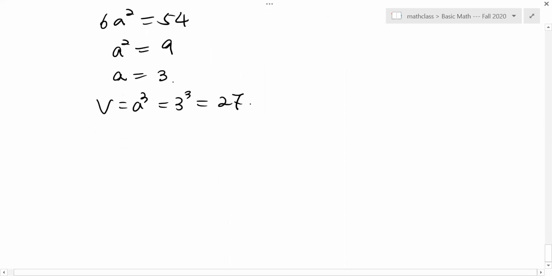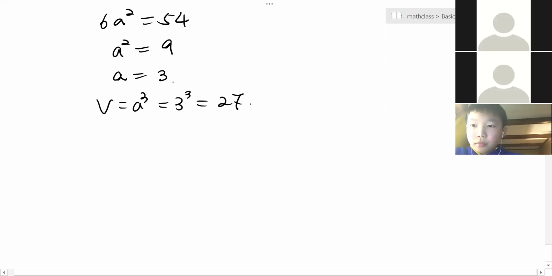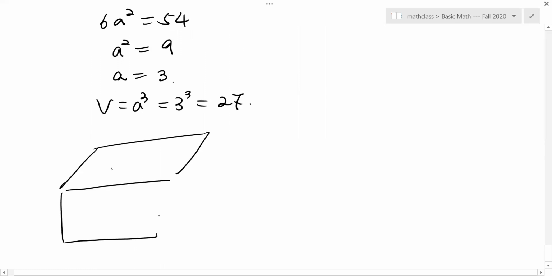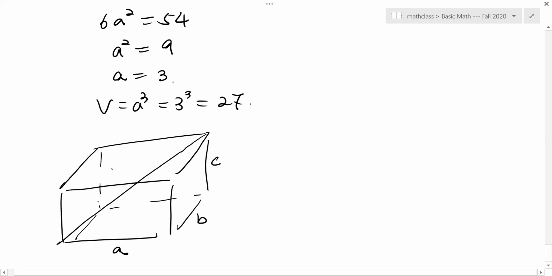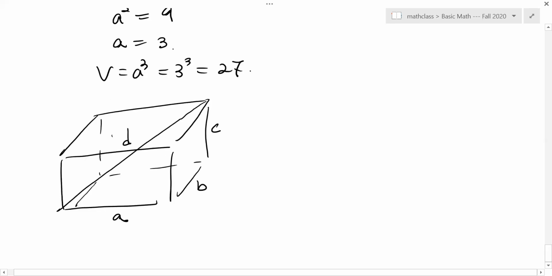All right. Now we are going to study the space Pythagorean theorem. So this side is a, this side is b, this side is c, and then I have a diagonal d. So how can I figure out the diagonal if I know the 3 sides?